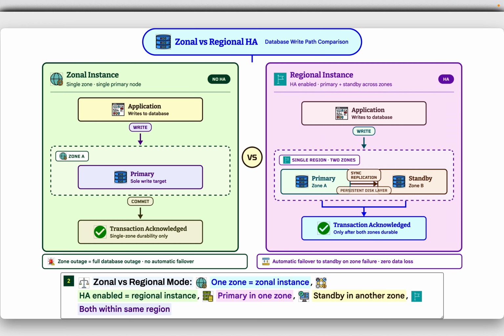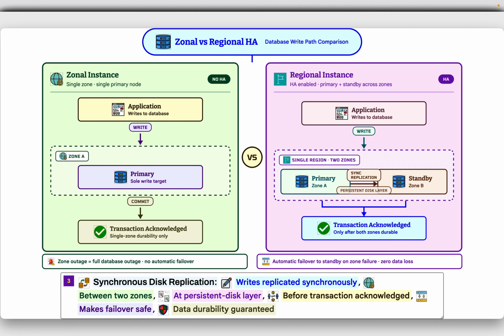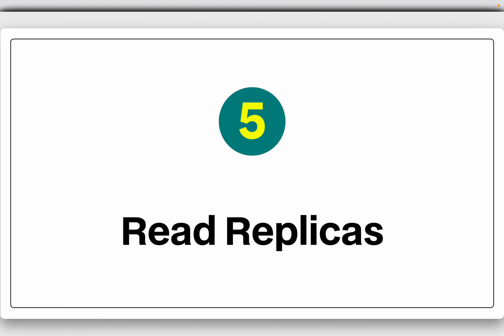When you enable high availability, the instance becomes a regional instance, which means it has a primary in one zone and a standby in another zone within the same region. Writes are replicated synchronously between two zones at the persistent disk layer before a transaction is acknowledged, which is what makes failover safe.